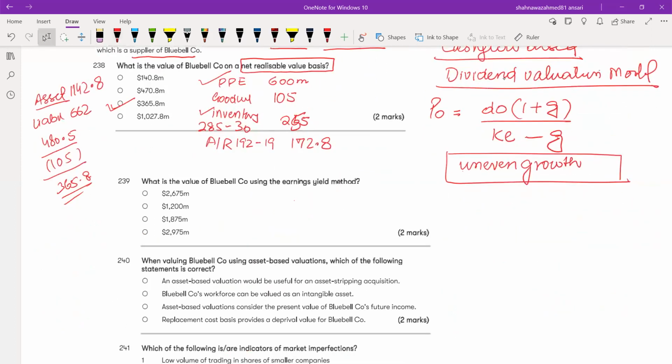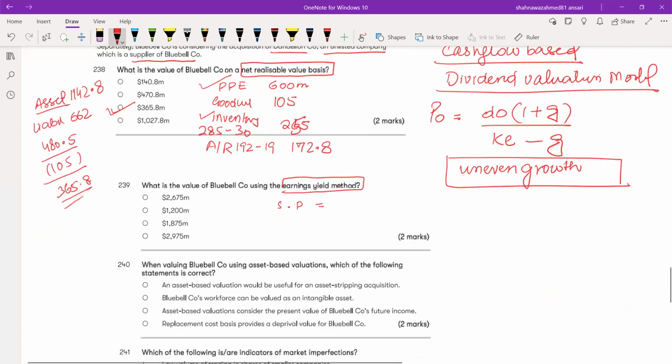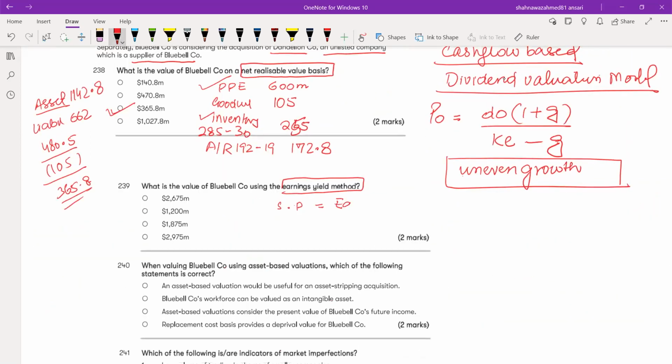Next requirement is, what is the value of the company using the earning yield method? So for earning yield method, we need the industry average earning yield and the formula for the share price, or the value, is earnings divided by earning yield.